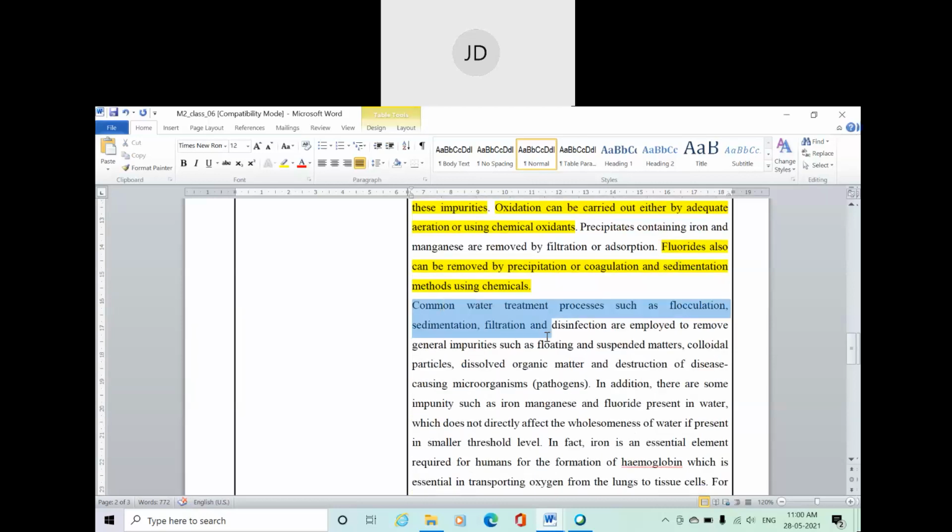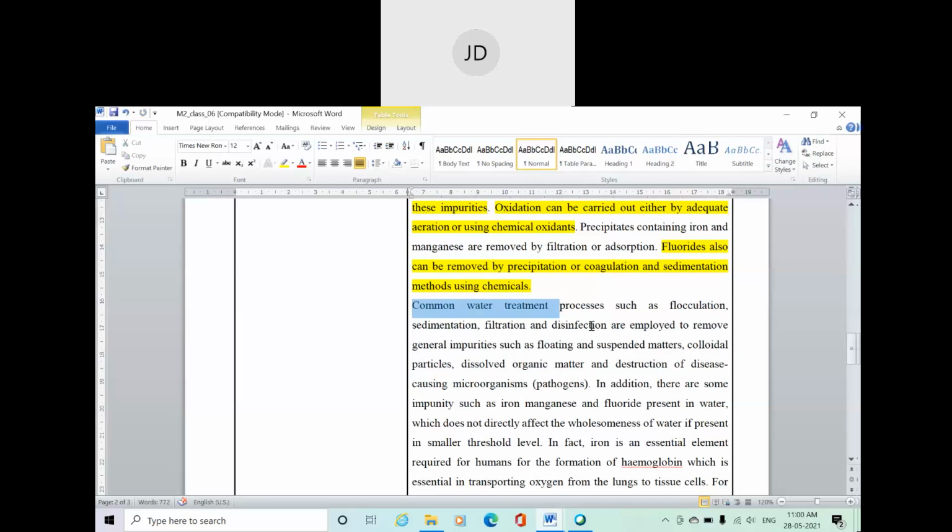The common water treatment processes such as flocculation that we have already mentioned, sedimentation, filtration, or disinfection are employed to remove general impurities such as floating and suspended matters or colloidal particles like dissolved organic matter. So this can be removed by all these treatment steps, starting from sedimentation, then coagulation and flocculation, then again sedimentation, then filtration, then disinfection.